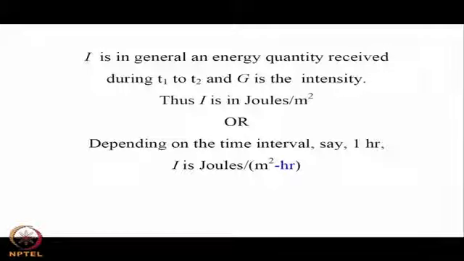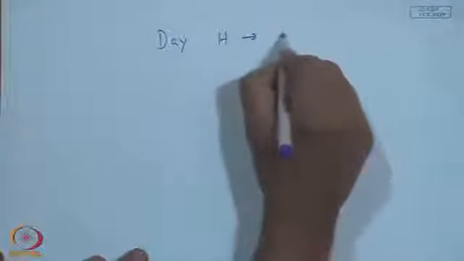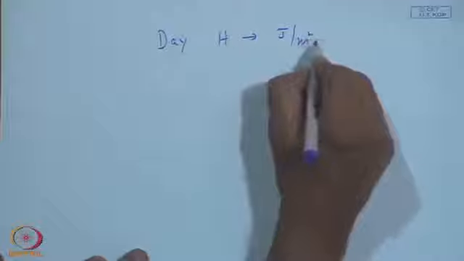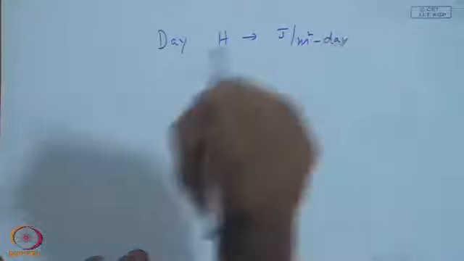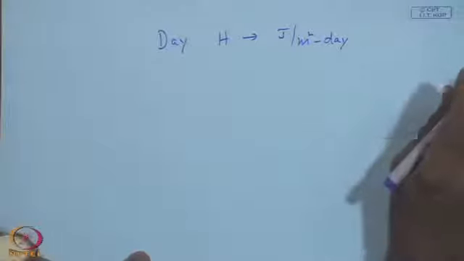So, if I have for an entire day, generally indicated by H, so many joules per meter squared day. So, depending upon the chosen period of time, I will put that hyphen with a clear understanding. I can't multiply with the number of days or hours to get a total, but I have to sum up for different days.